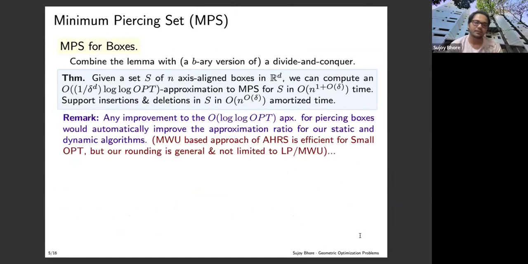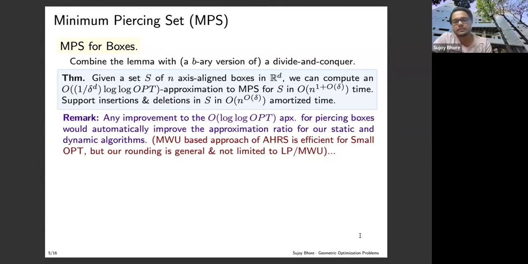So the first remark is that this log log opt approximation for piercing boxes, if there is a better approximation algorithm, and it doesn't have to be fast actually, then putting it in our framework, we can already get a near linear solution with a better approximation factor.